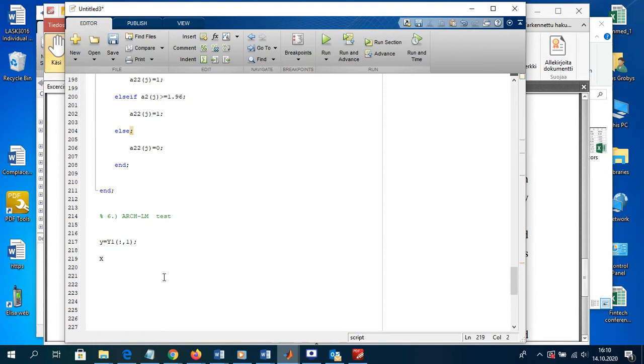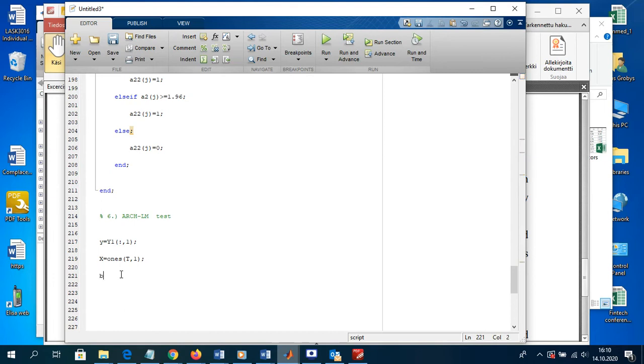Again, we construct the regressor matrix. In this case, in the first task, we should just have a vector of ones, obviously an intercept term in the regression equation. Then our X matrix becomes simply a T by 1 vector of ones. Very simple.